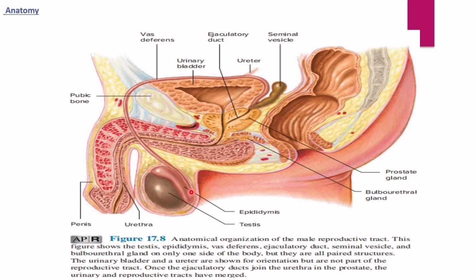Then from there it goes to the vas deferens, which exits the scrotal sac through the spermatic cord. Then it goes to the posterior surface of the bladder, then joins with an accessory gland of the male reproductive system called the seminal vesicle to form the ejaculatory duct.